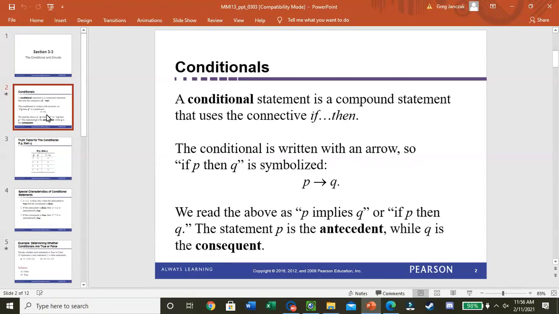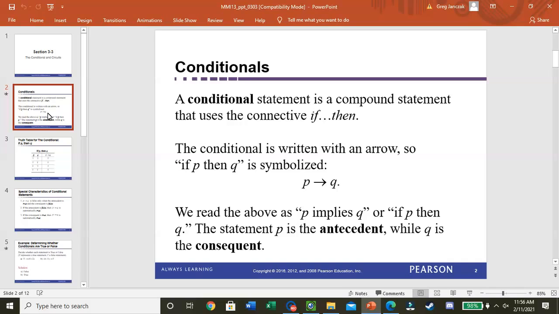Okay, conditional statements. We're going to understand the structure of conditional statements, determine the truth values, and use circuit models. Okay, a conditional statement is a compound statement for if then. And it's symbolized with this arrow looking symbol here.